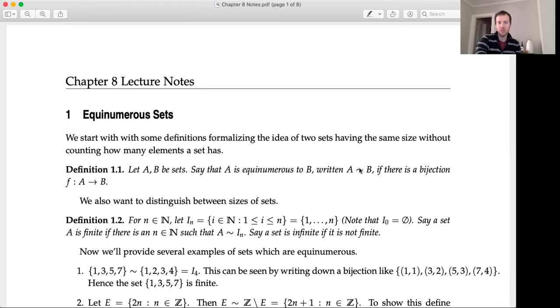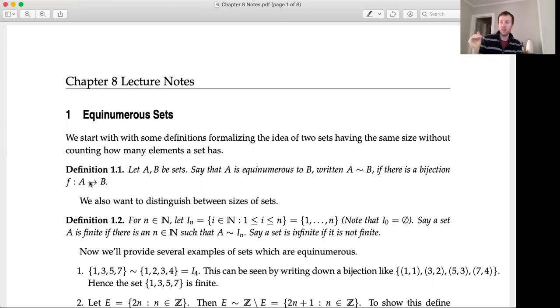A is equinumerous to B, and what this word will mean is that there's a bijection between A and B. So these are our two piles of candies, and they are equinumerous if there's a bijection between them. And so the way that we will think of this is if there's a bijection from one set to another set, those sets have the same size.